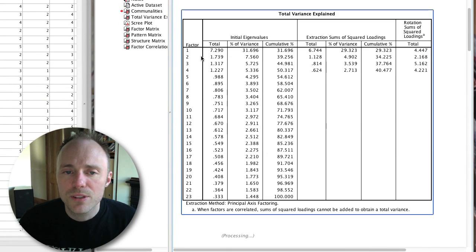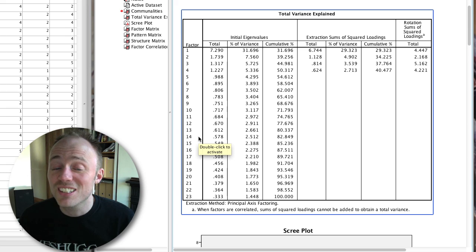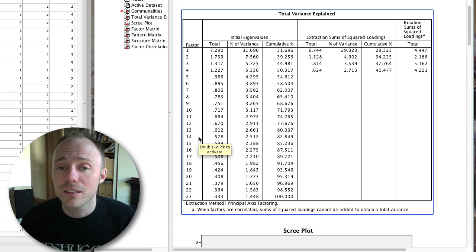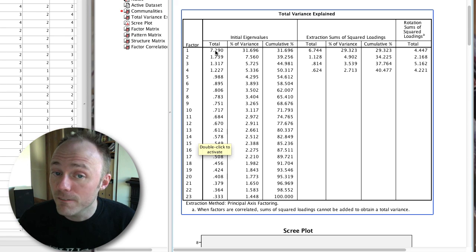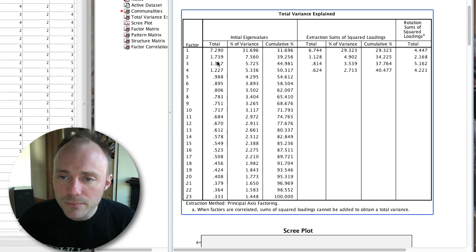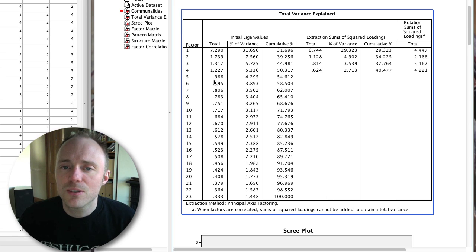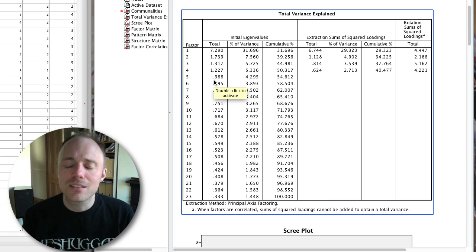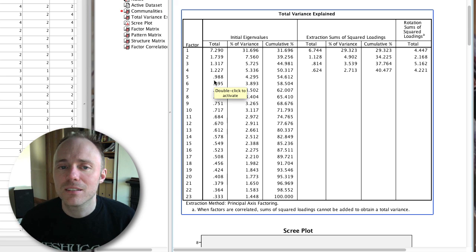We then get a table that tells us about each factor. So we've got 23 questions, and initially it extracts 23 factors, and it works out what the eigenvalue is. This, as I said, is an estimate of how much variance a factor can explain. What it does is use these to extract only a small number of factors.